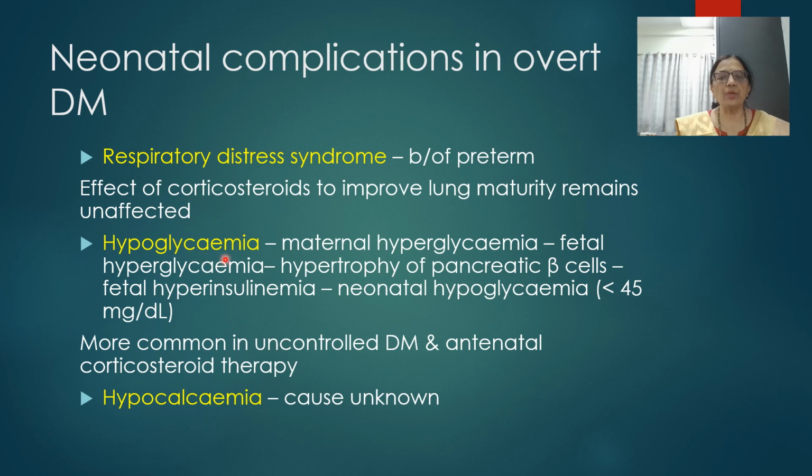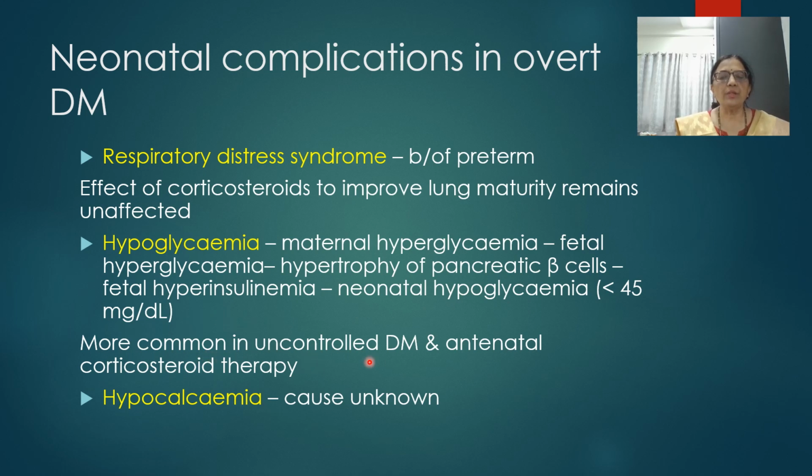Hypoglycemia in the baby is very common. Maternal hyperglycemia, fetal hyperglycemia leads to hypertrophy of pancreatic beta cells of the fetus. Fetal hyperinsulinemia is there, and this fetal hyperinsulinemia is the cause of neonatal hypoglycemia, which is defined as sugar less than 45 milligram per deciliter.